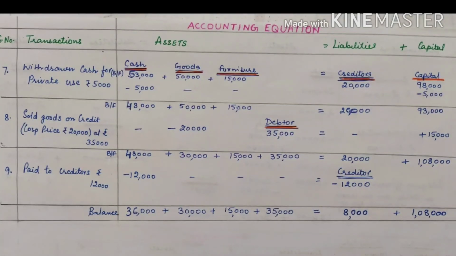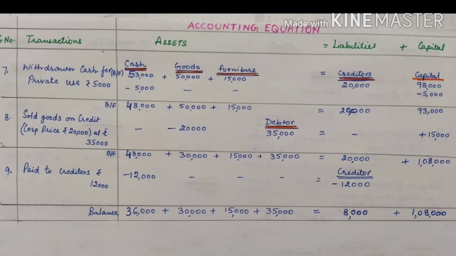Sold goods on credit costing rupees 20,000 at rupees 35,000. In this transaction we have three accounts created. One is goods, which are going out of the business. Second one is the debtor, because this is a credit transaction, so while doing sales debtors are obtained. Third one is the profit margin. The difference between the selling price and cost price will be the profit. Here 15,000 is our profit margin because we are selling goods at 35,000 whose cost is 20,000.